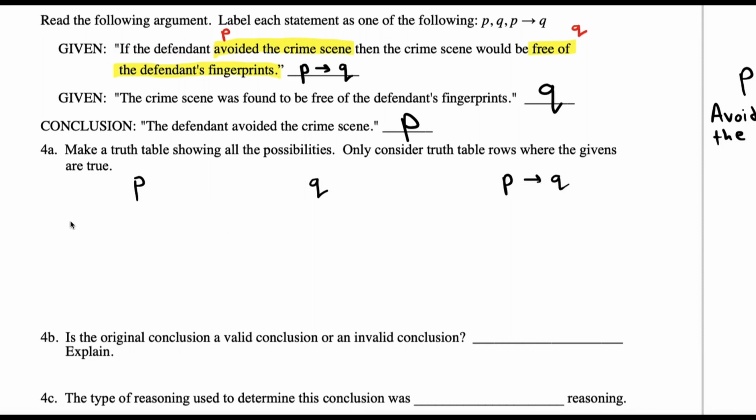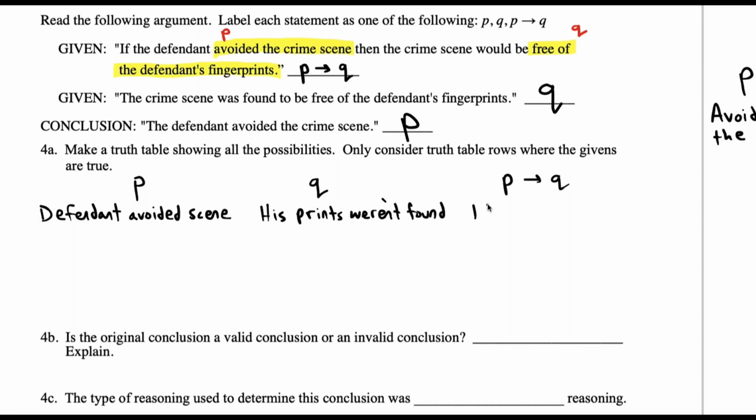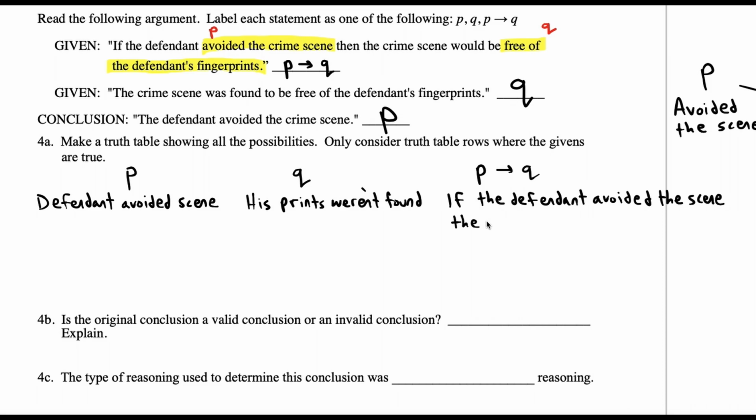All right, so the statement P was defendant avoided the scene. Q was that his prints were never found there. P arrow Q is the if-then statement. If the defendant avoided the scene, and that is a good reason why his prints wouldn't be there.